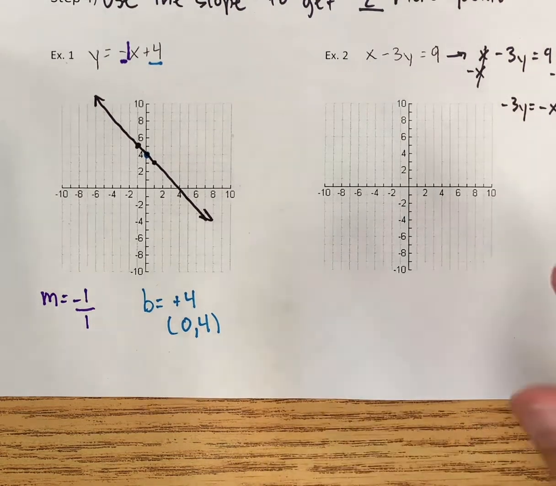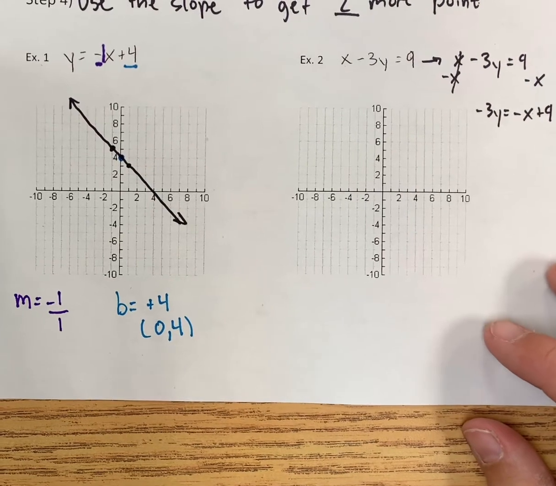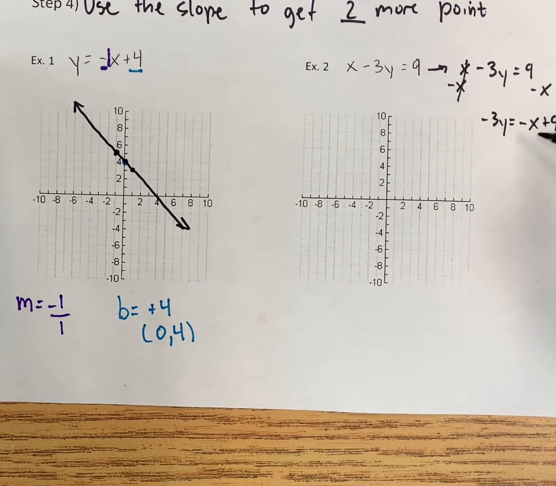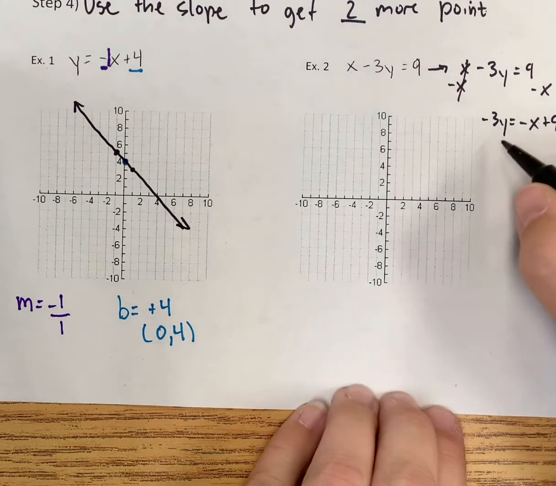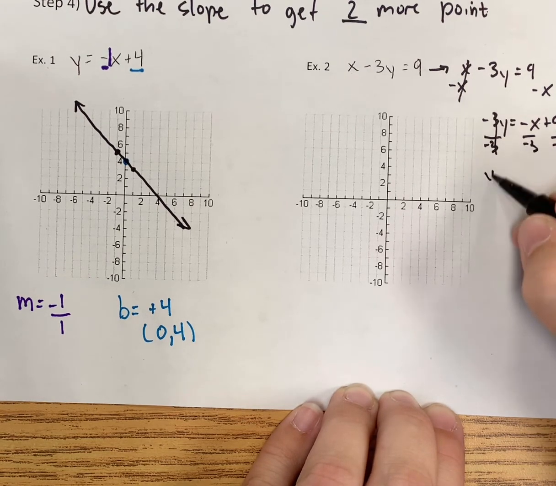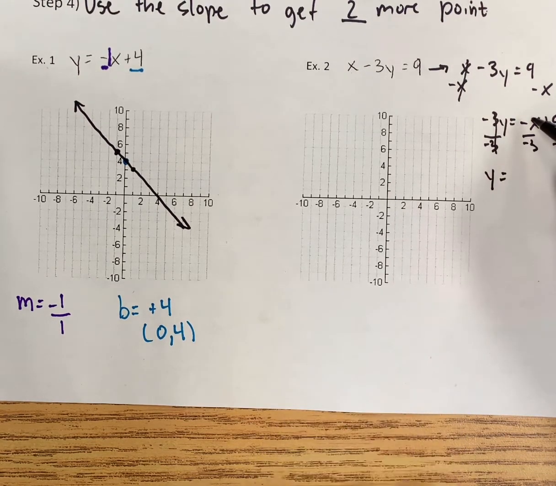You need to put the x term first. That is important, guys. You have to put the x, then the 9, so it's in slope-intercept form. Then last but not least, we divide every term by negative 3. So that becomes a 1. So now you have y equals negative x divided by negative 3.